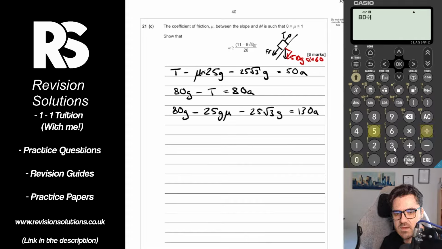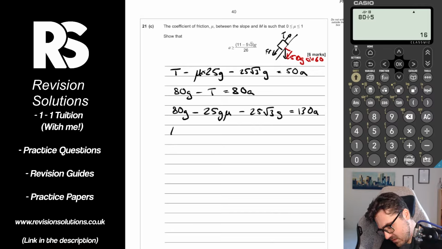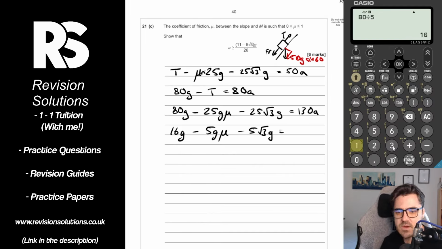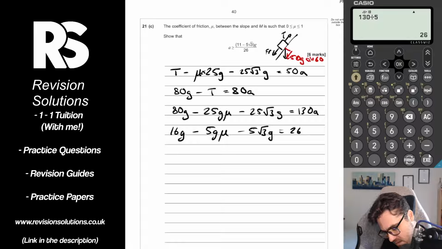80 divided by 5 is 16. So we have 16g. 25 divided by 5, that's 5, so minus 5g mu. And then we've got another minus 5 root 3 g. And then 130 divided by 5, that's 26a. So if we rearrange now for a, actually let's factorize out the g on the left first.